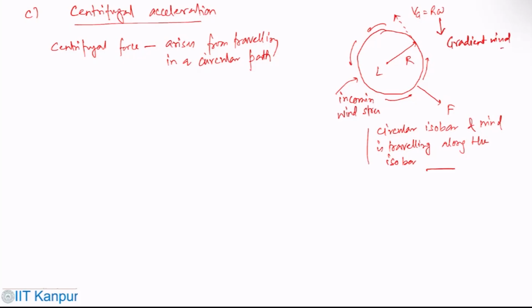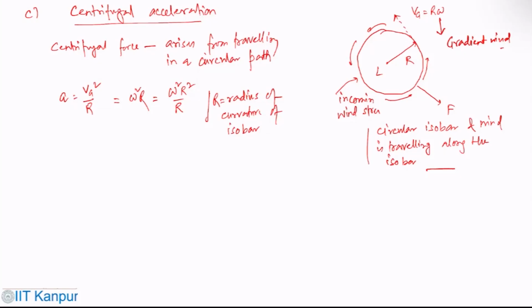If something is rotating with an angular velocity, then my acceleration would be Vg square by r, which is omega square r, and we can write it as omega square r square by r. Here r is the radius of curvature of the isobar.